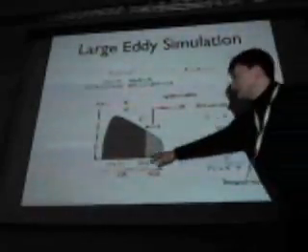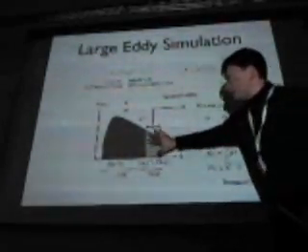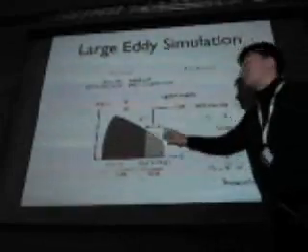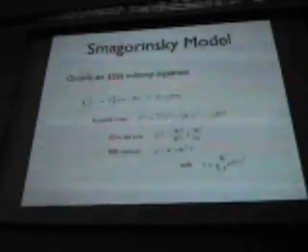Then viscosity and everything is modeled using delta and S. My proposal is that helicity should be included in expressing the properties of this part.